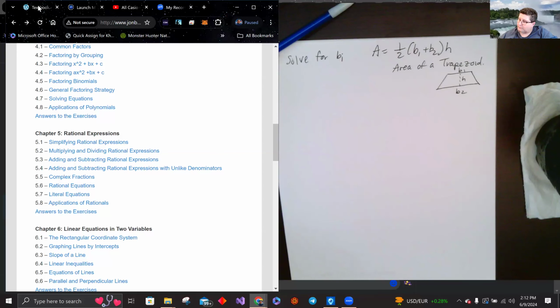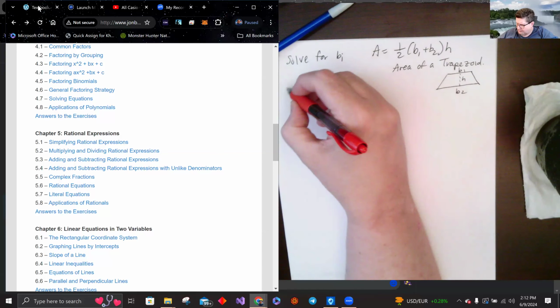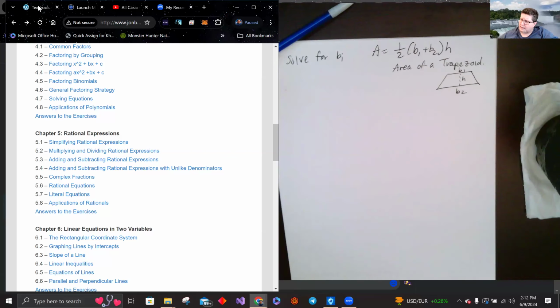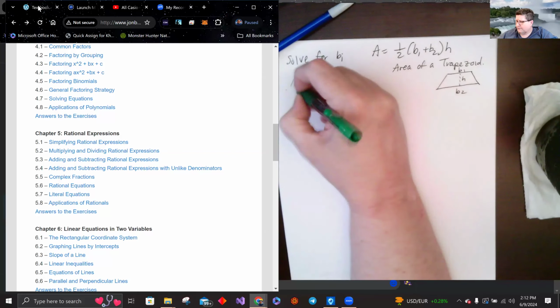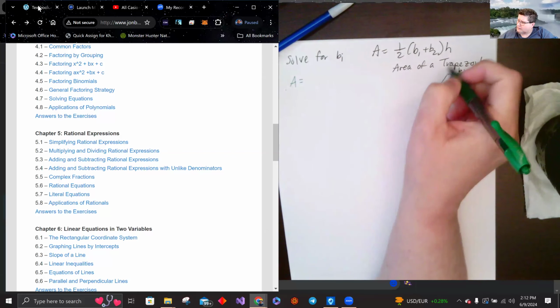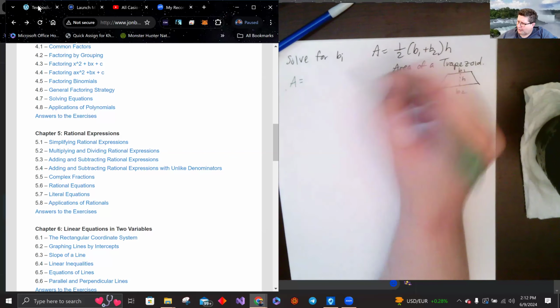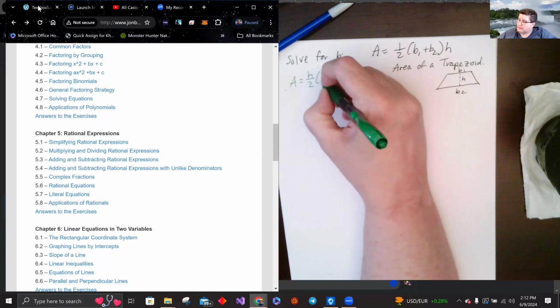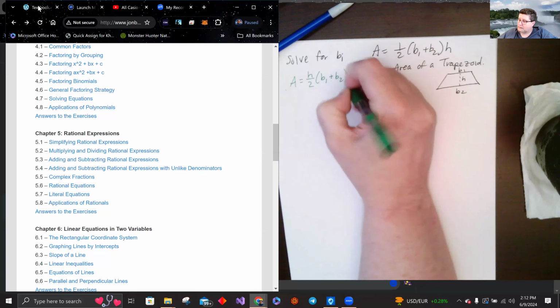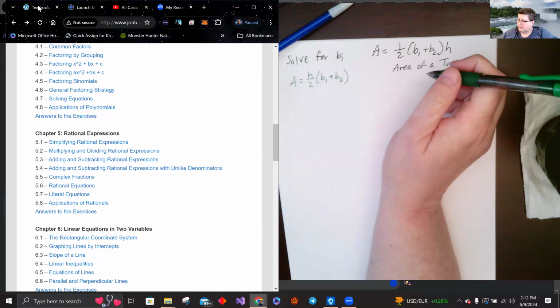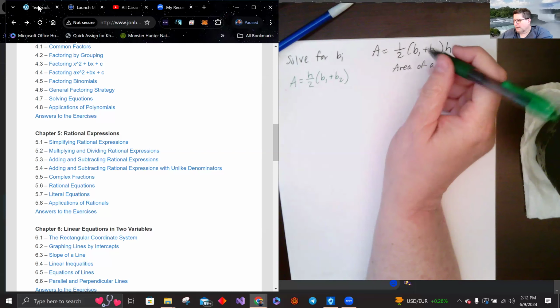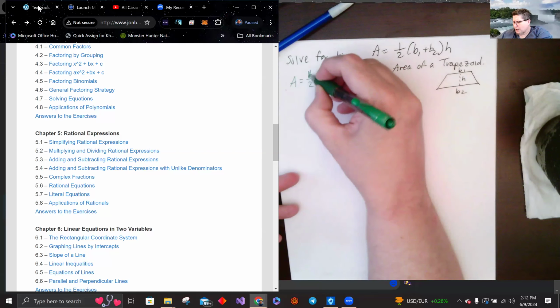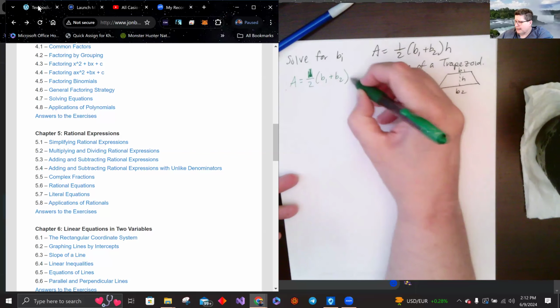All right, so A equals 1/2. I'm going to put the H with the 1/2 and write this as H over 2. Or you probably won't do that, so let's go back and put it as 1/2 and the H after.